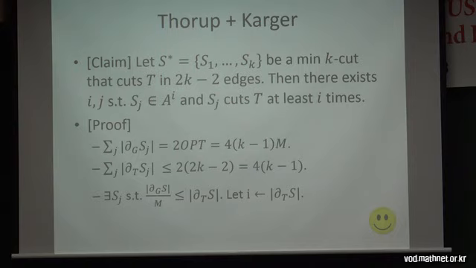By definition of M, we know that the summation of boundaries with respect to G is exactly 4 times k minus 1 times M. And if you look at the tree edges, the sum of the boundary edges is exactly the number of tree edges cut by this optimal k-cut, which was promised to be at most 4k minus 1. So by just an averaging argument, we know that there exists Sj such that this holds, and this Sj is a good optimal component.